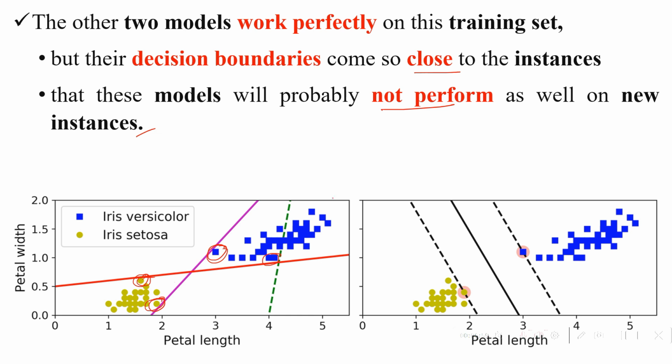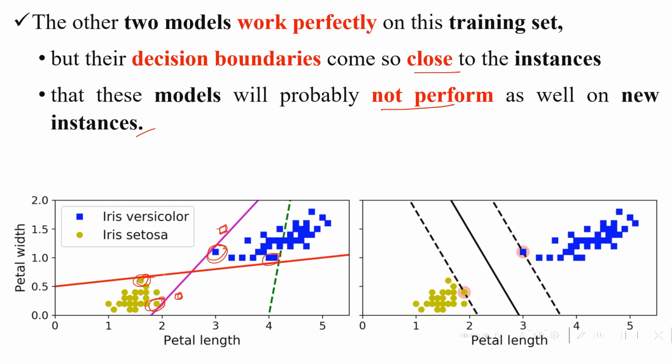Suppose the data set has a blue point very close to this line, and a yellow point very close to this line. What happens here? The model wrongly classifies this blue point as setosa, and this yellow point as belonging to versicolor.